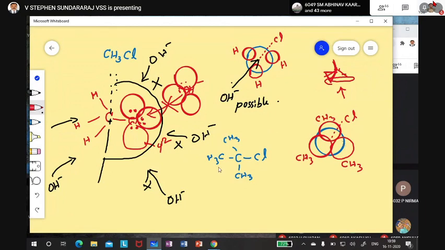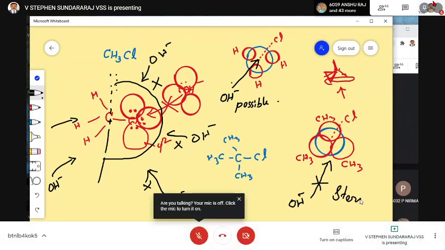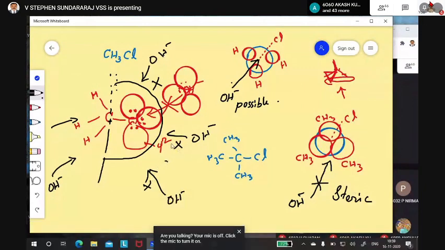Now see that OH minus cannot attack from this side, the chlorine side. And the OH minus attack from this side is also not possible. Here the reason is steric. On the chlorine side, it is nucleophile repulsion.